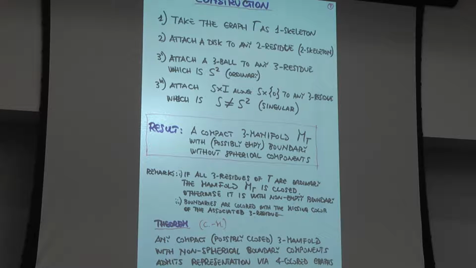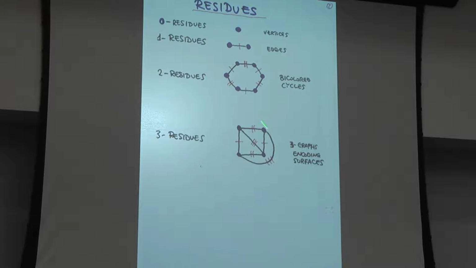Okay, after this two-dimensional complex, we should add some three-dimensional objects. Let's think of three residues. If you consider a three residue, since for any bicolored cycle you attach a disk, any edge has exactly three disks attached in the manifold.